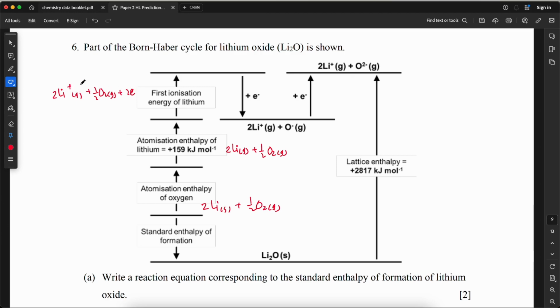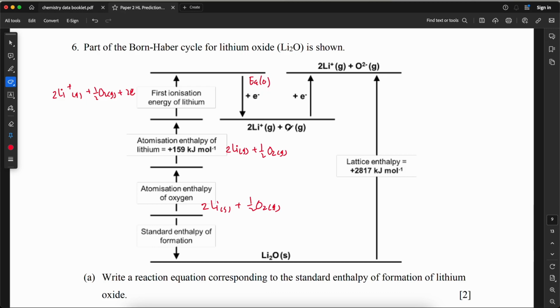Li only loses 1 electron, but because of 2 Li plus, that's why it's 2 electrons. And then continue to the electron affinity of oxygen, so that would be 2 Li plus plus O minus, and then plus electron, right?